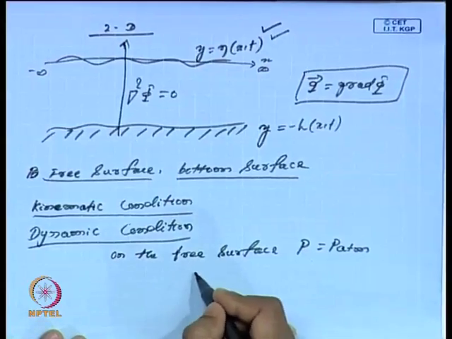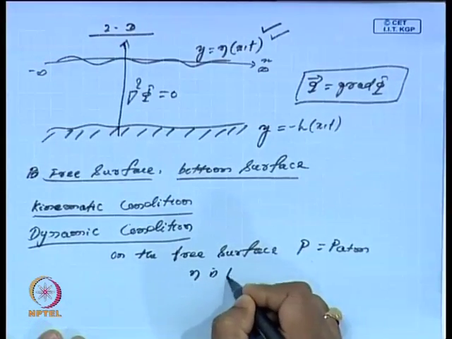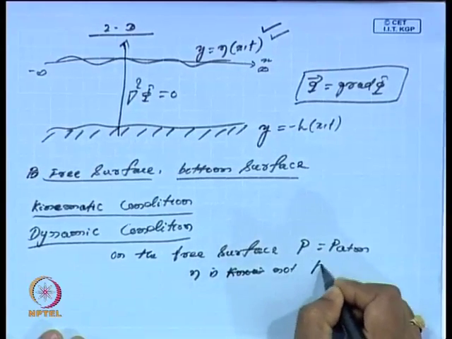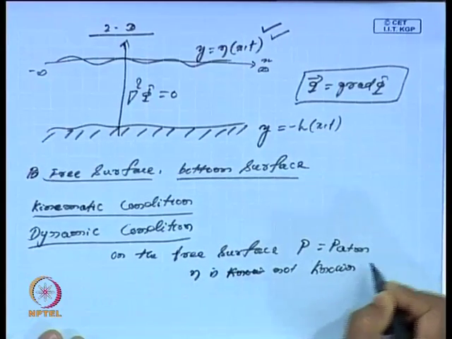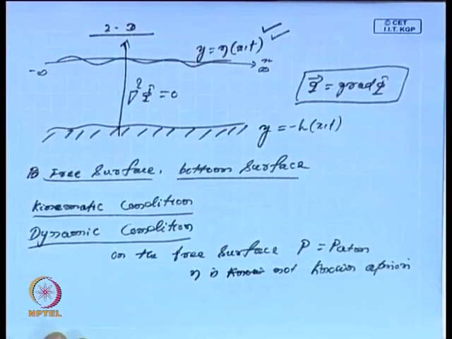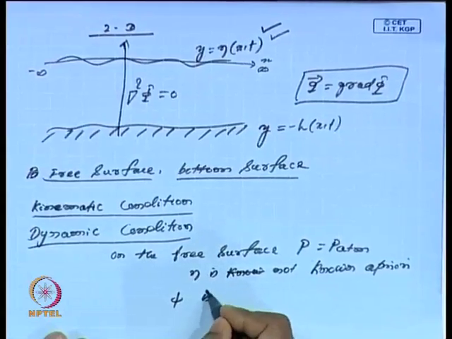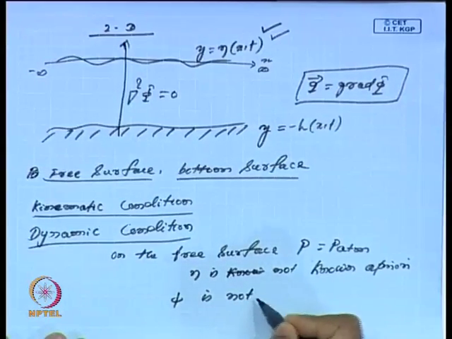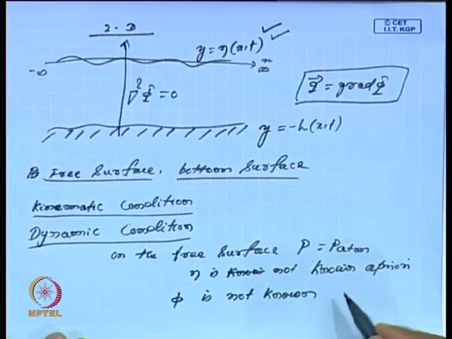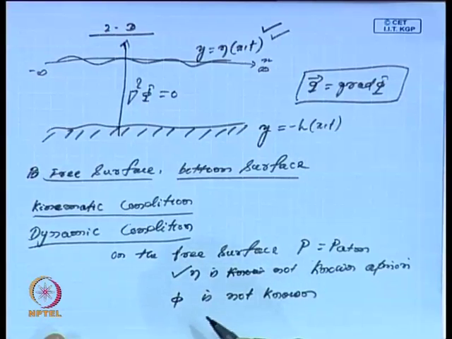Eta is not known a priori, so it is not known in advance. Here phi is also not known; we only say that it satisfies the velocity potential equation. So, what we do here is look into two things: one is the determination of eta and the other is the determination of phi.